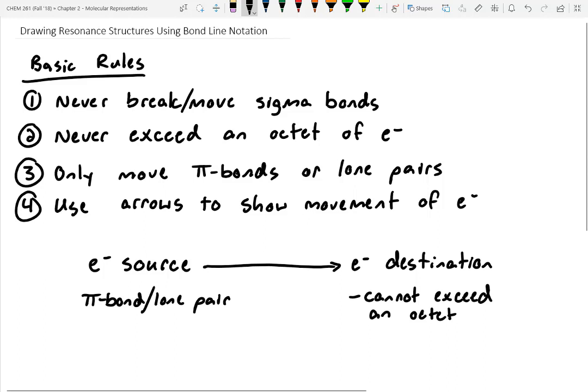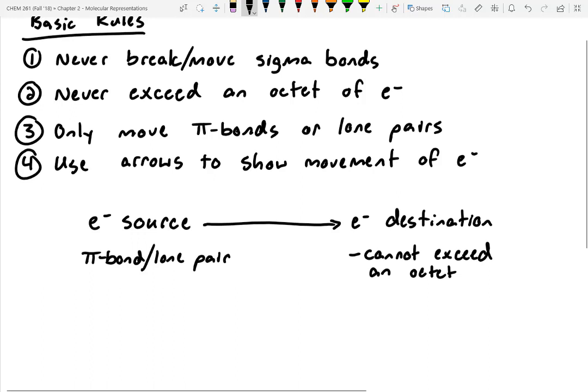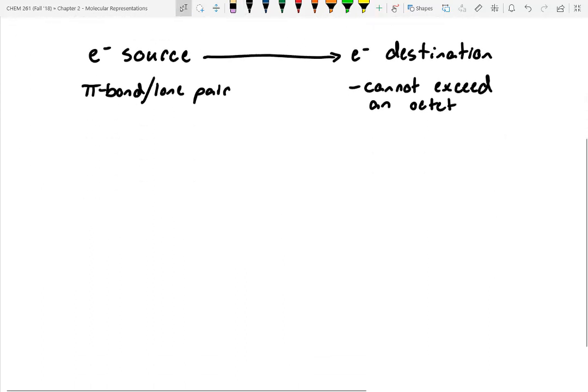All right, so let's take a look at some examples. And the first one's kind of silly, but bear with me. I think it does a good job of explaining what's going on. Whenever we have a resonance structure, we use brackets, right?